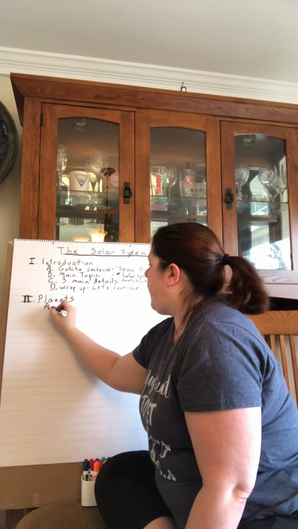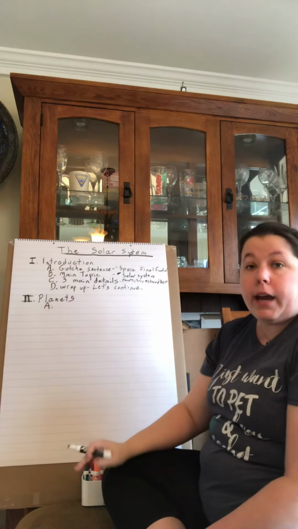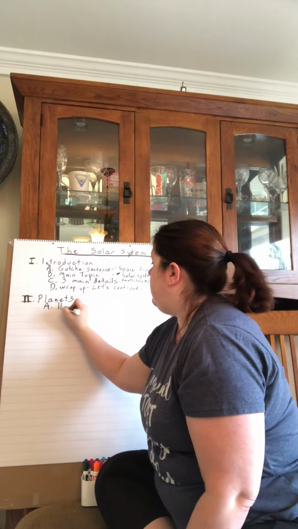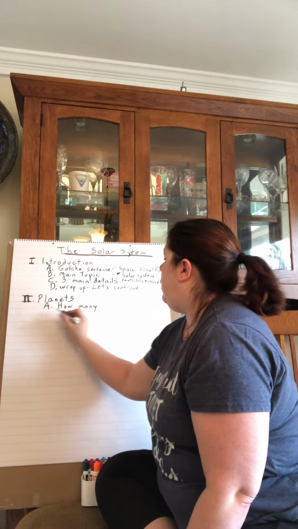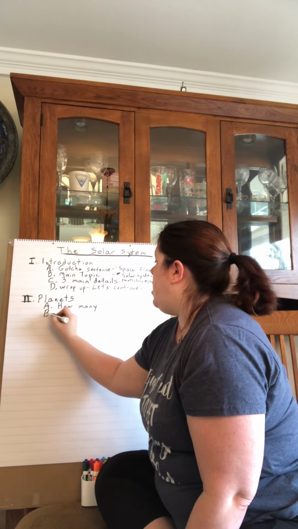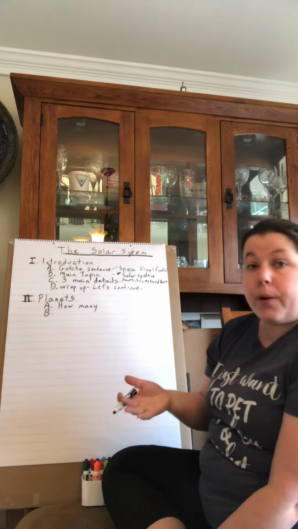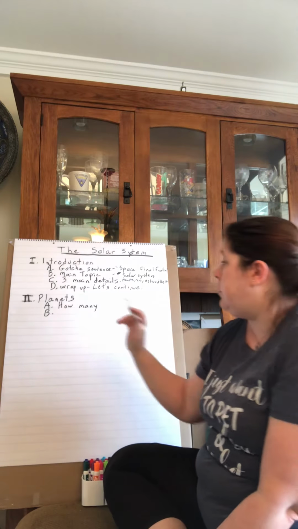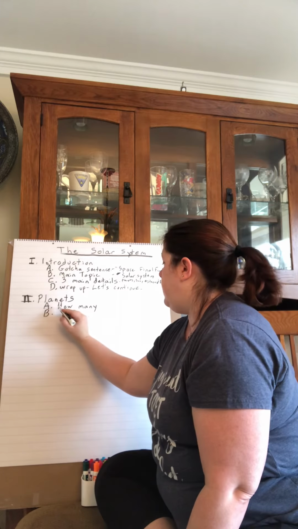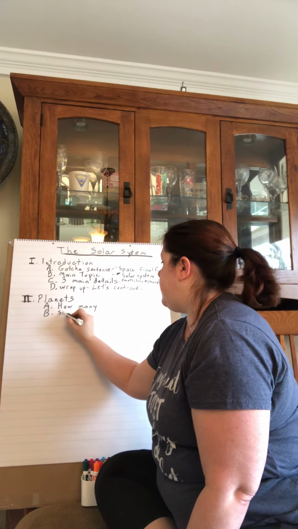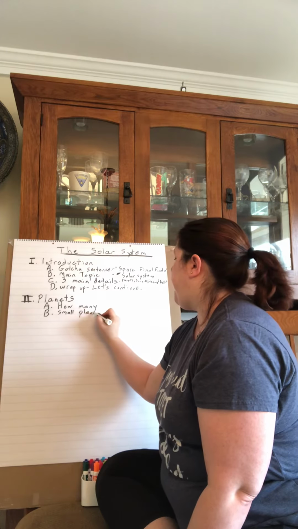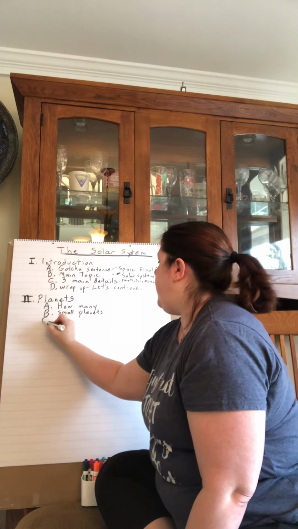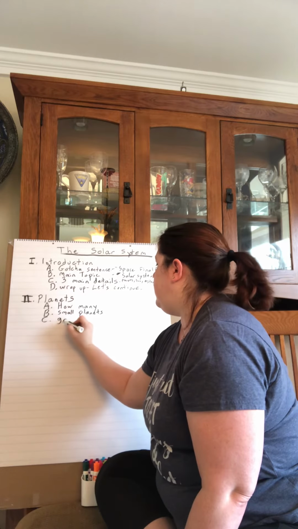And in that paragraph, you might talk about how many planets, you might separate them into the small planets, the first 4, and then the gas giants.